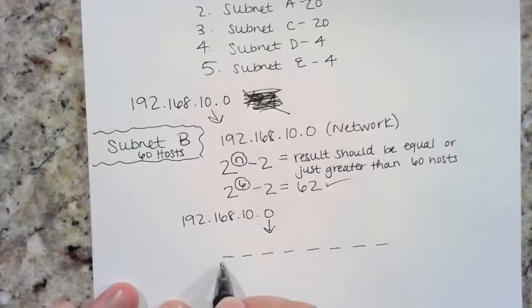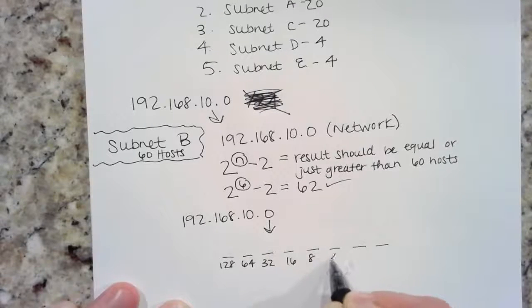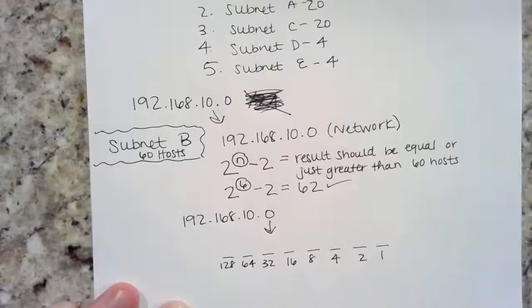They start at 128, 64, 32, 16, 8, 4, 2, and 1. So we look at how many we are borrowing. We start down here at the far right and start counting. So we're borrowing 1, 2, 3, 4, 5, 6.